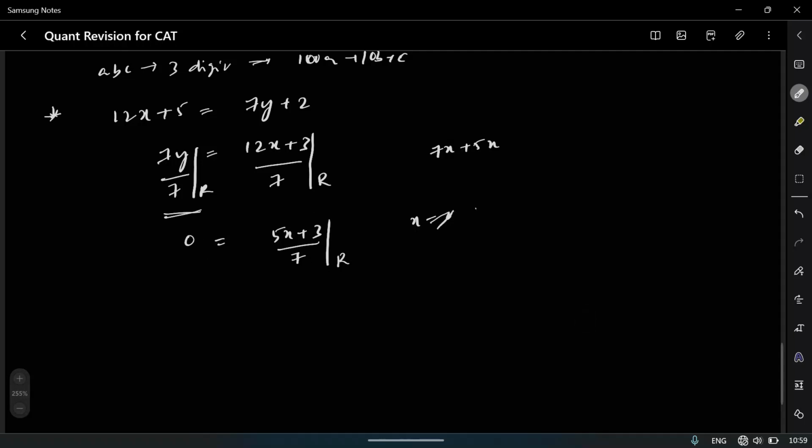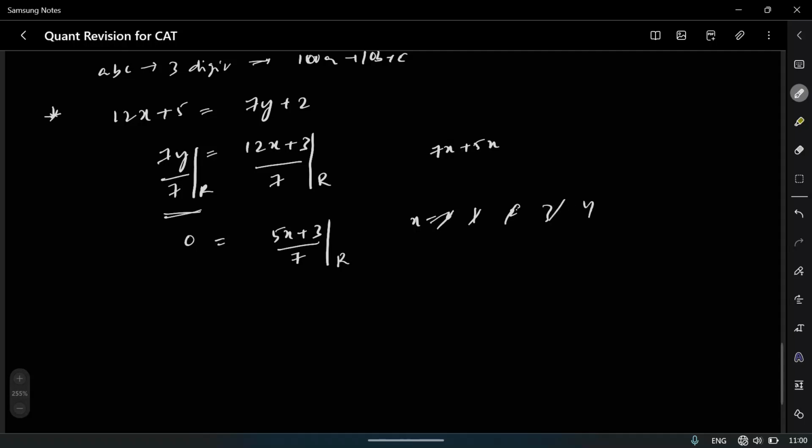If you put x equals 1, 5 plus 3 is 8, and we get remainder 1, so x is not 1. The next is x equals 2: 13 by 7, remainder is not 0. Put x equals 3: 15 plus 3 is 18, 18 by 7 remainder is 4. So it is not satisfying.